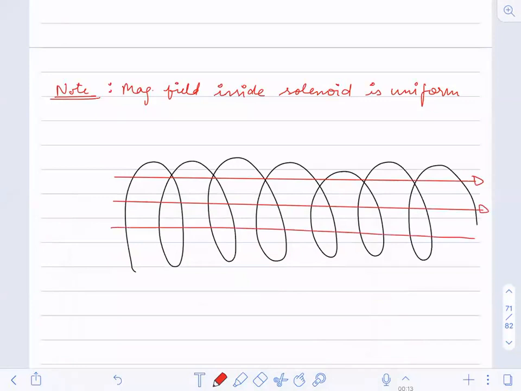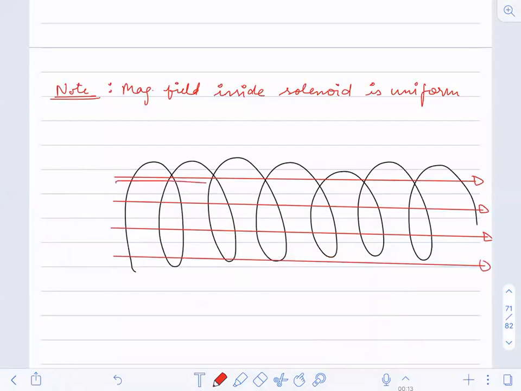And these will be equidistant. It will not be like here you will draw two close lines and here you will draw two distant lines. This is not correct. Understood? So this is the correct thing. The magnetic field lines will be along the same direction at every point and it will have the same magnitude everywhere.